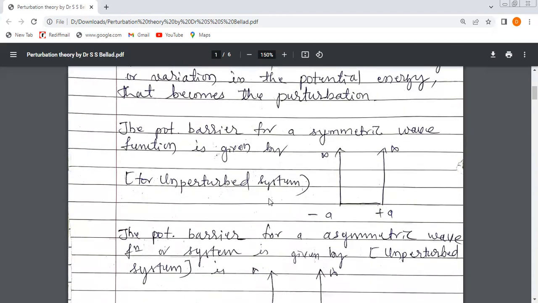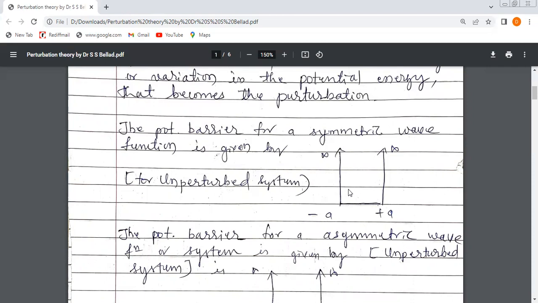The potential barrier for a symmetric wave function is shown like this, because I am going to explain how the potential barrier of a system with perturbation is shown schematically or pictorially.